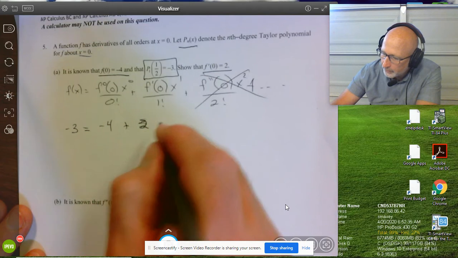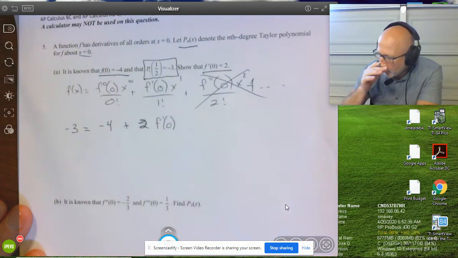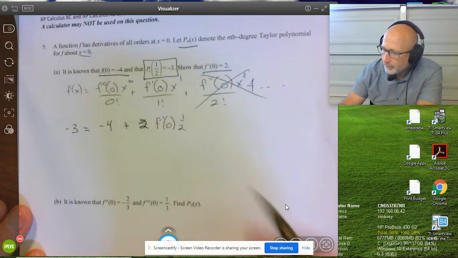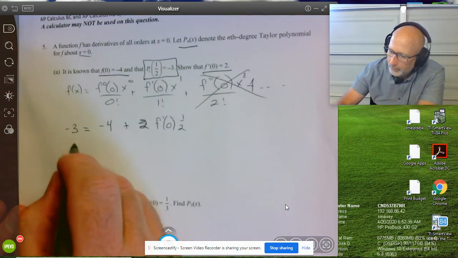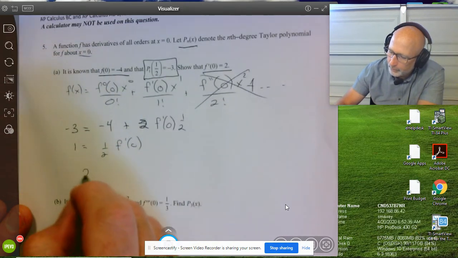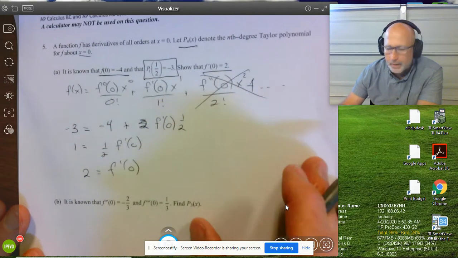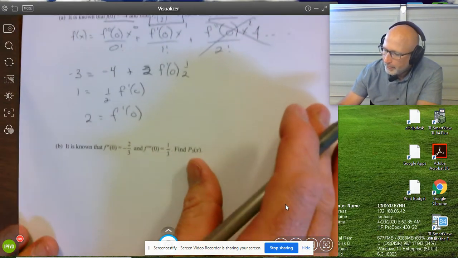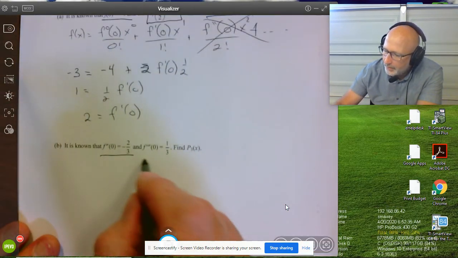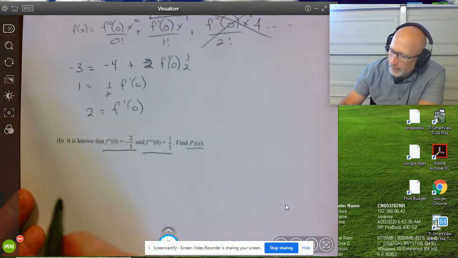So this is f prime of 0, and then we're evaluating it at 1/2, so times 1/2. Add it over: you have 1 is equal to 1/2 f prime of 0, multiplied by 2, so 2 is equal to f prime of 0. Kind of clever manipulation. It is known that this is that and that's that. Find the third degree. So let's basically duplicate what we have.